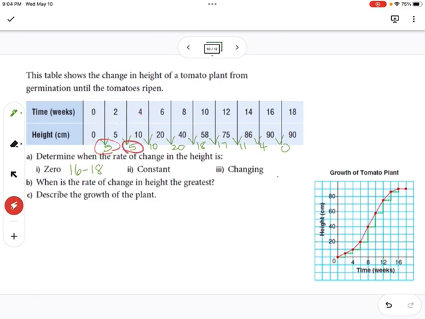We have that 5 twice, nothing else repeats itself. So from 0 to 4 weeks. And then it asks when our rate is changing. So it's remaining constant until week 4, and then all of it changes after that. Those are constant changes. So it's changing after week 4.